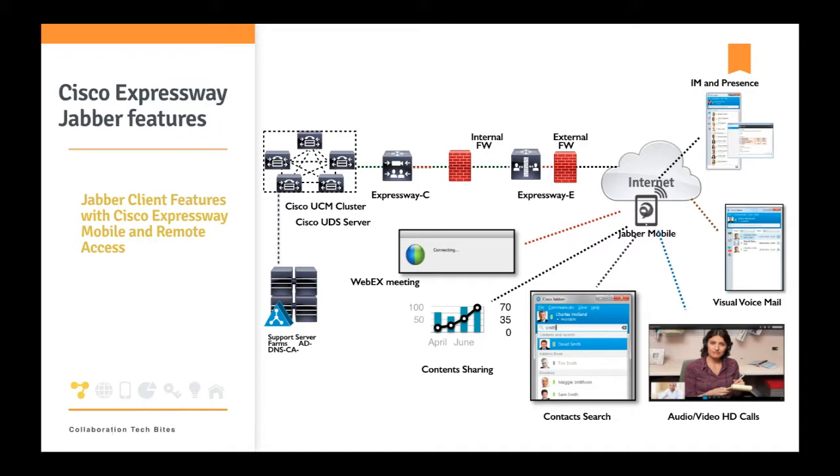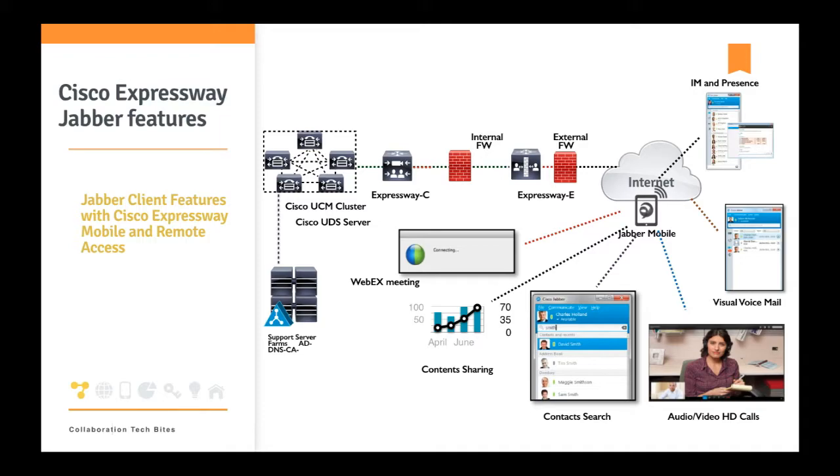Jabber mobile, or Jabber for Windows, or Jabber for tablet as well, can have IM and Presence service, visual voicemail service, audio and video HD calls through Expressway, and contact search through Expressway.